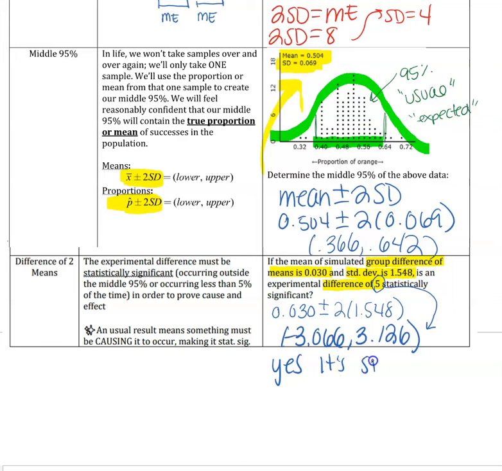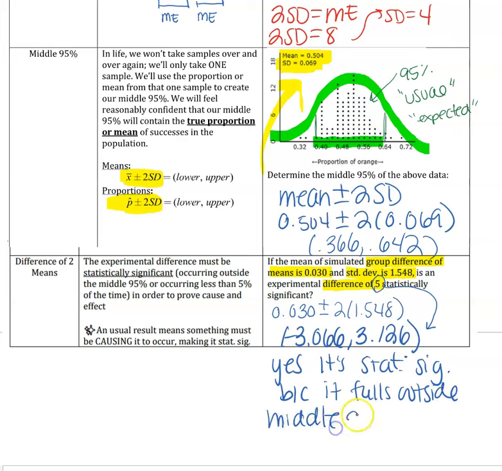Yes, it's statistically significant because it falls outside the middle 95%, or I'll even say it occurs less than 5% of the time. I'll just leave it as less than 5%.